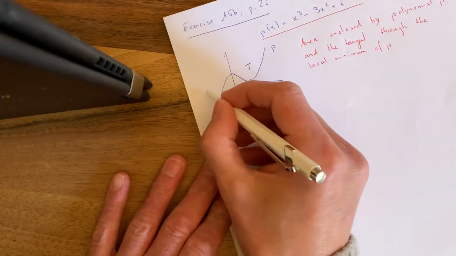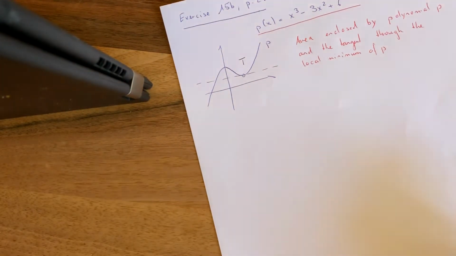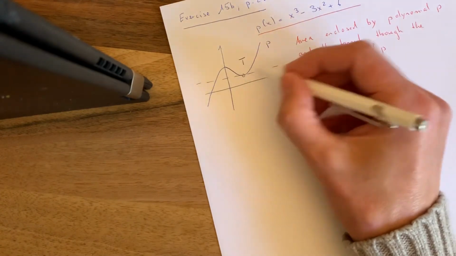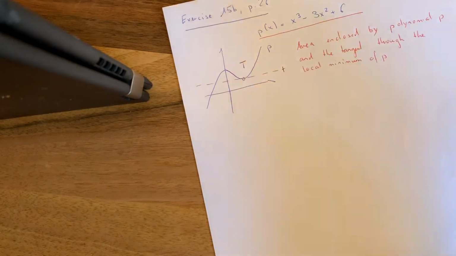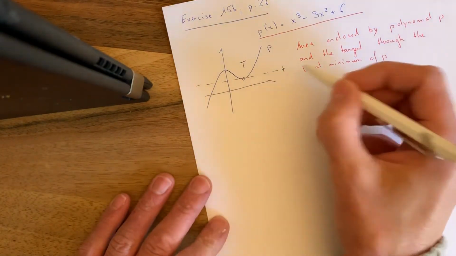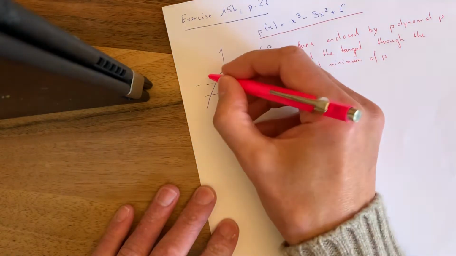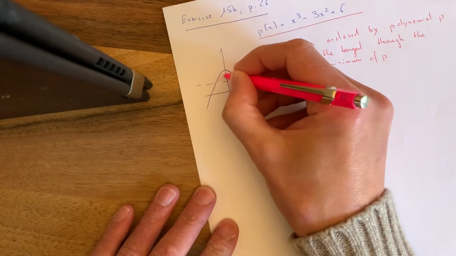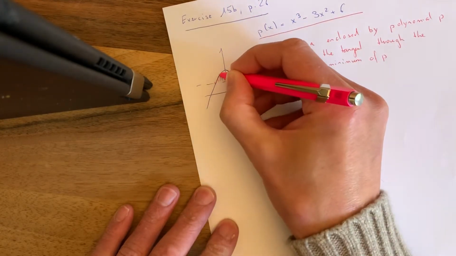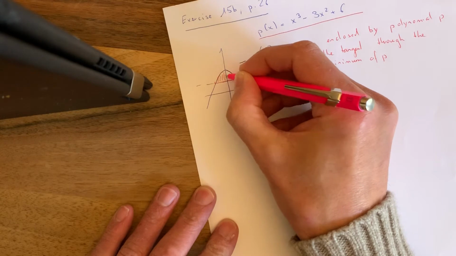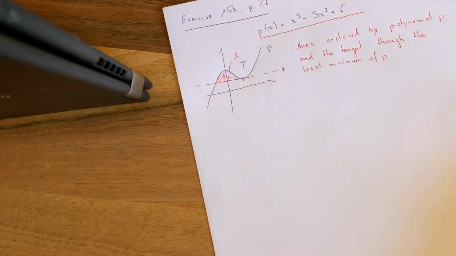If we draw the tangent, since this is a local minimum, the tangent at that point is parallel to the x-axis, so slope 0. So here is the tangent, and then you see the tangent together with the polynomial enclose an area here, and our task is precisely to find the size of that area. Let's call that area A.